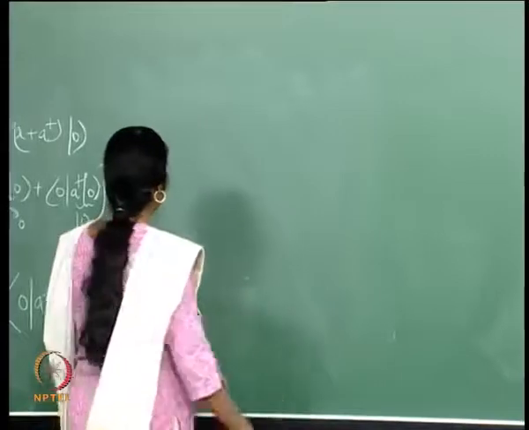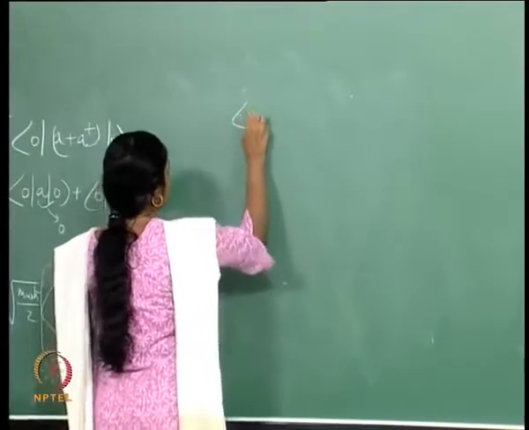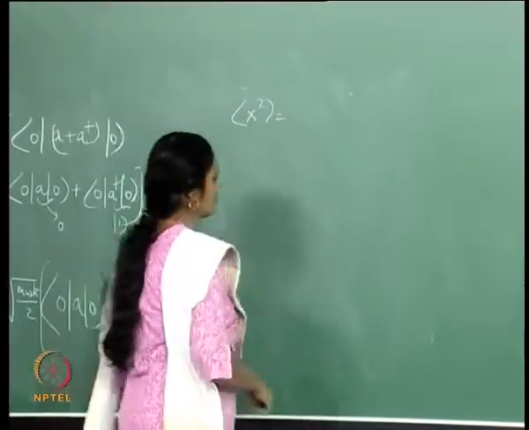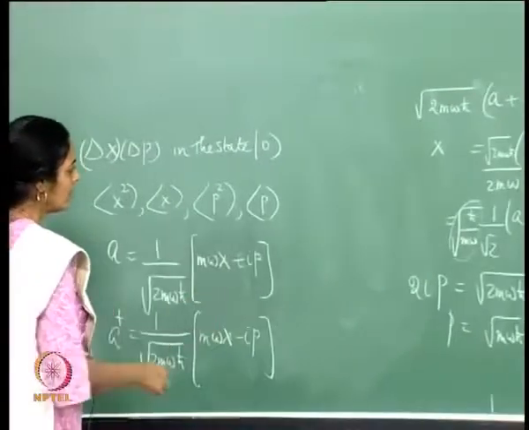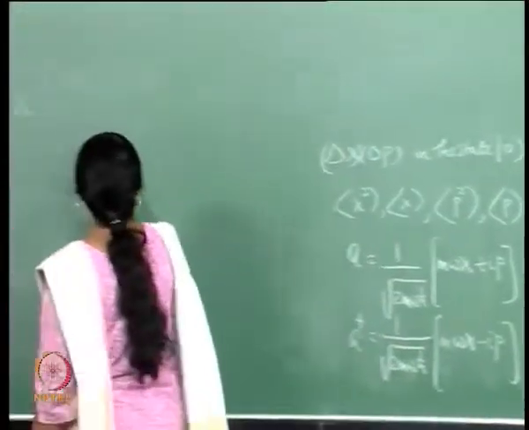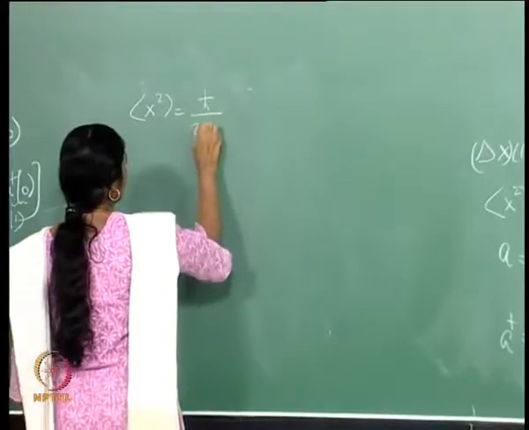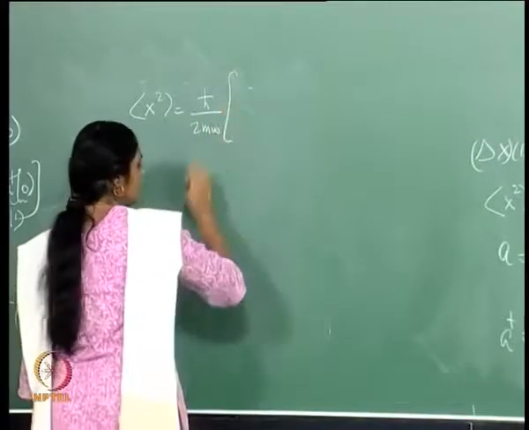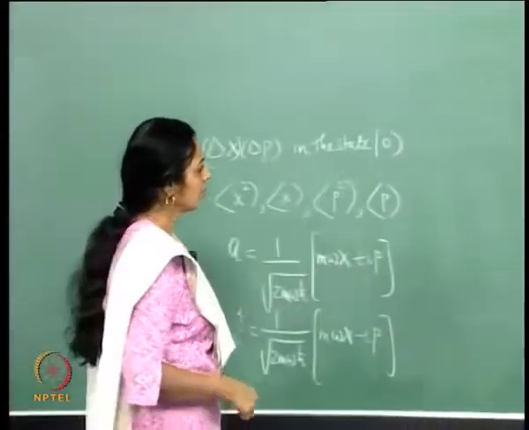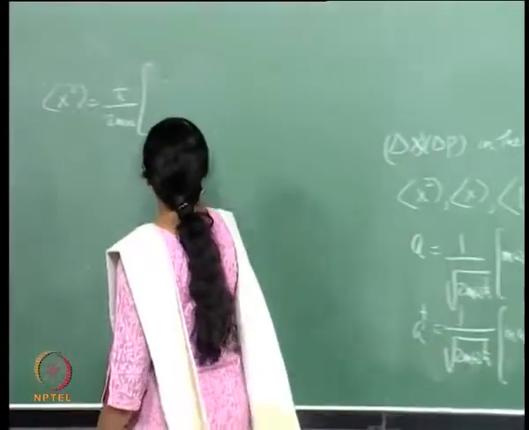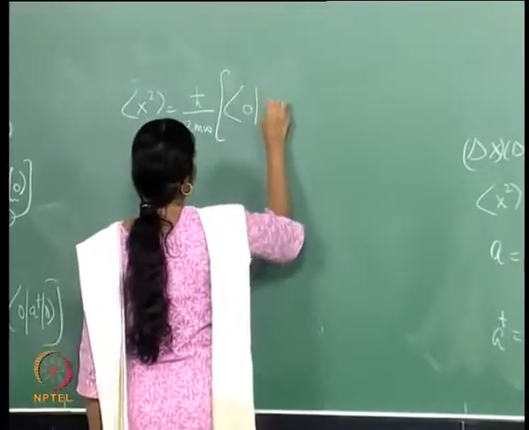So let us look at expectation x squared. Expectation x squared is h cross by 2 m omega times the expectation value of (a plus a dagger) the whole squared.